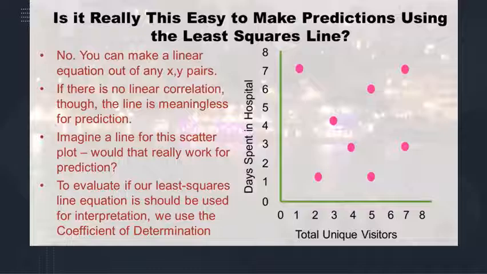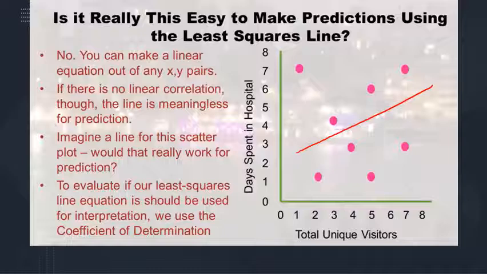Of course, if we used this data and calculated a line, we would definitely get a line. It might be like this or something. And yes, there's some correlation somewhere, a little bit, but it's very weak.